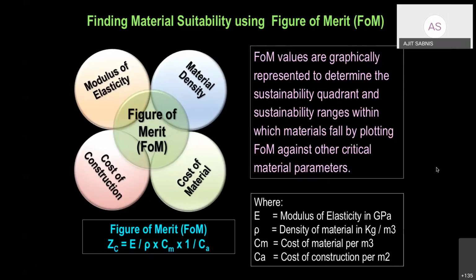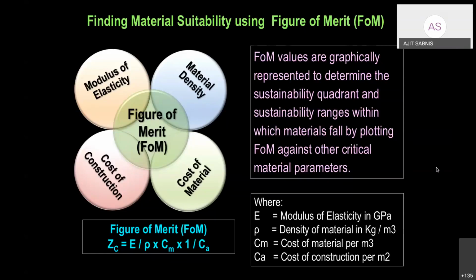We also saw the equations, with an example and case studies, as to how this figure of merit can be used, in addition to embodied energy and embodied carbon, to select the material, taking into consideration several other parameters.